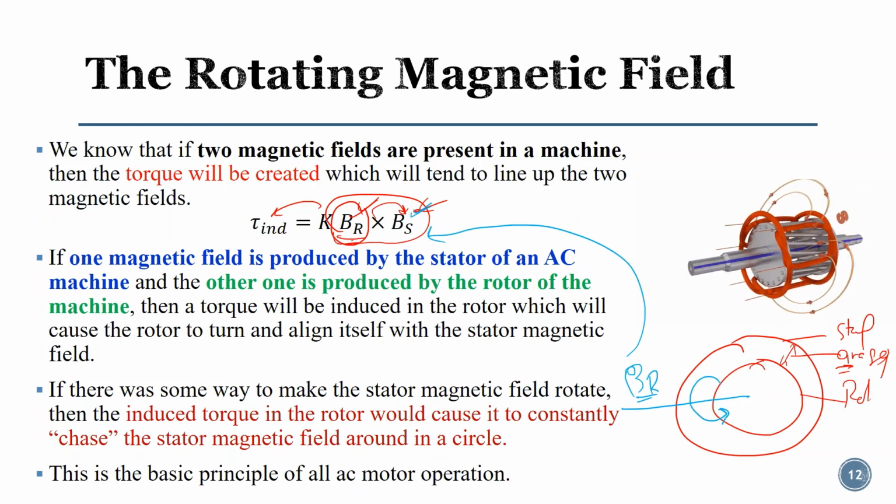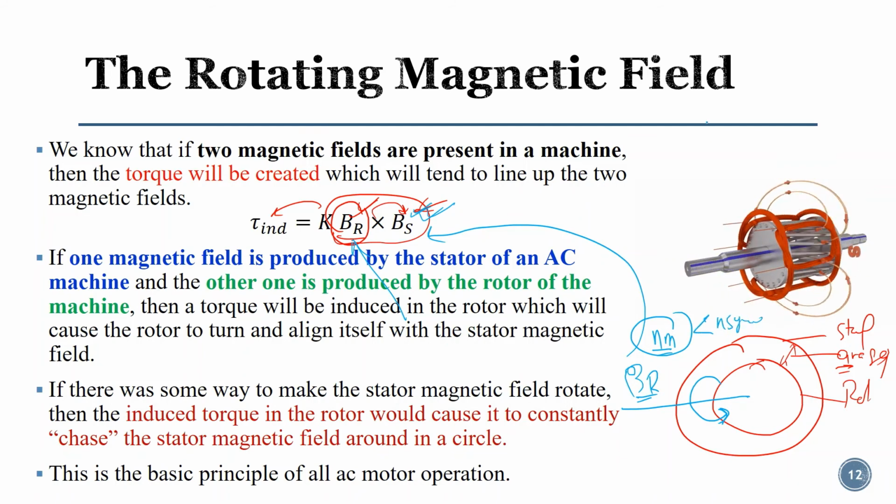rotating. So basically the speed of the rotor should be less than the speed of the stator field, because the rotor is being rotated due to the induced magnetic field. The rotational speed of the rotor, I am calling Nm, will be less than the synchronous speed.